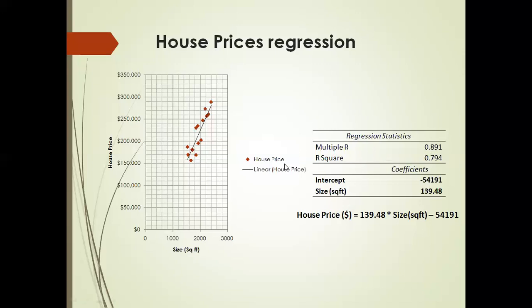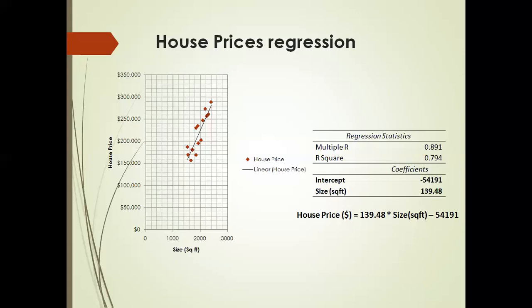R square, the measure of total variance explained by the equation, is 0.794, which comes to approximately 79%, isn't it? That means the two variables are moderately and positively correlated. Regression coefficients help create the following equation for predicting the house price. So this is 89% and this is 79%, which is why both variables are moderately and positively correlated.